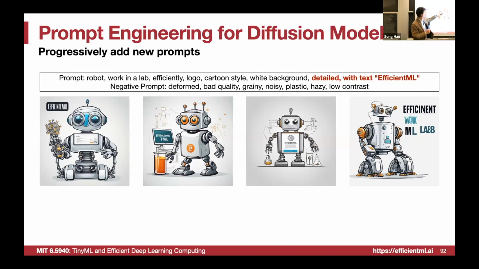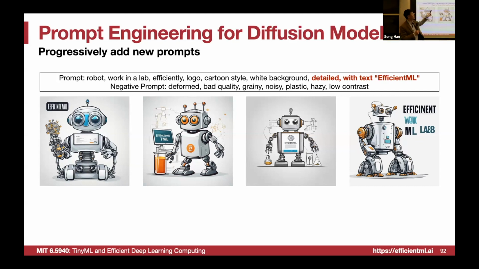Like with efficient ML, the text is sometimes messed up. We suspect that's due to it operating on the encoded version, which is at low resolution. That's why these texts don't quite match what we want.